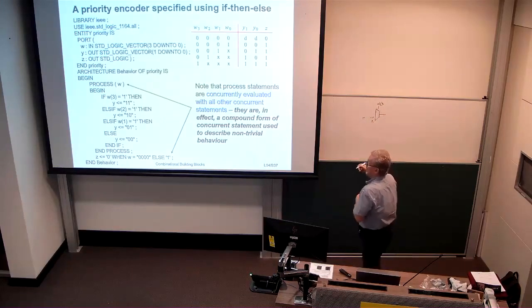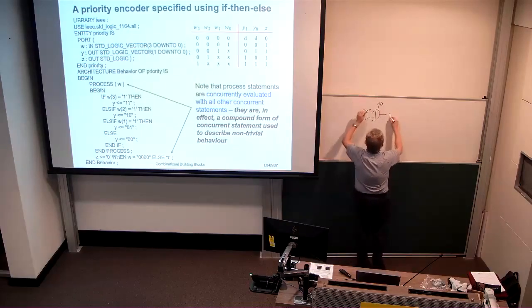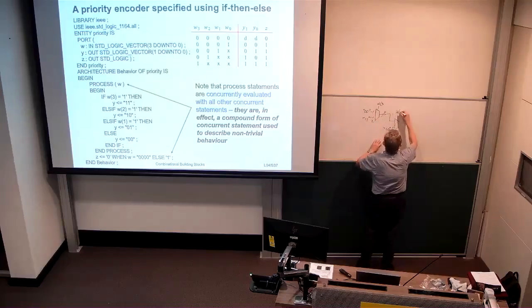What have we got here? 11 being 1, 1 being 1, 0, isn't it? And this is W2.